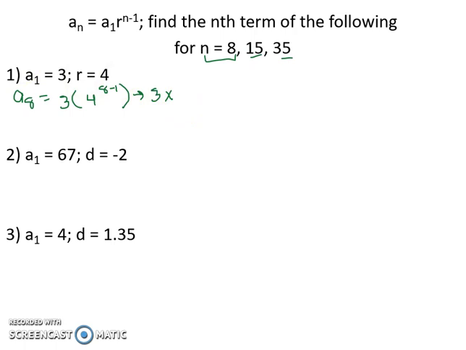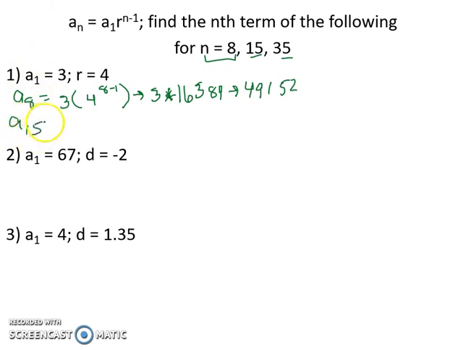So let's write that down real quick. So 3 times 16,384. 4 to the 7th power is that big. And so we do that multiplication, so we have 49,152. So we go from 3 to 49,000 in just a few terms.